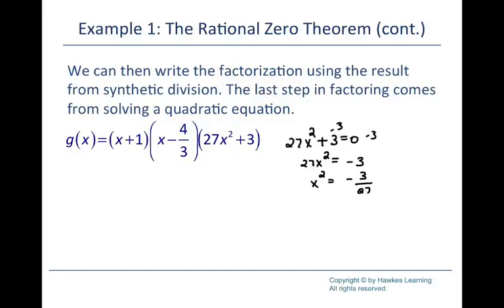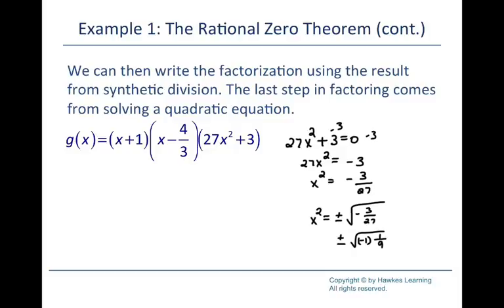So x is going to equal plus or minus the square root of negative 3 over 27. Now, remember, when we square root a negative number, we're going to reduce that. So that's going to be negative 1 times 1/9.